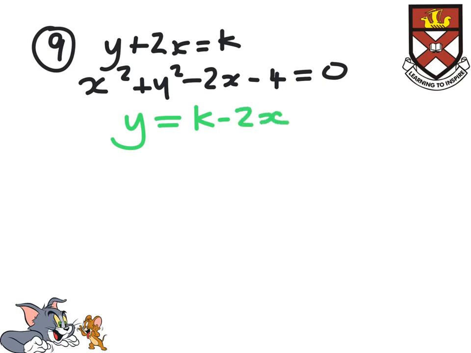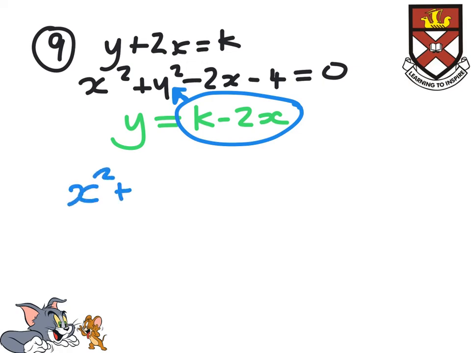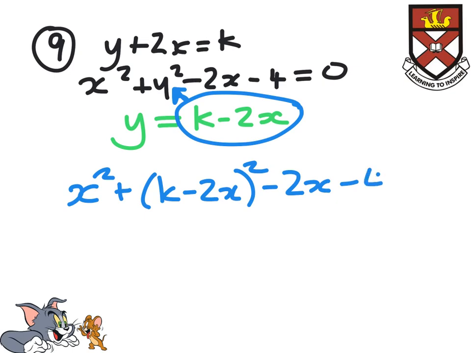And it's probably best to write it like that. Now I'm going to substitute my k minus 2x in here. So I'm going to end up with x squared plus (k minus 2x) squared minus 2x minus 4 equals 0.